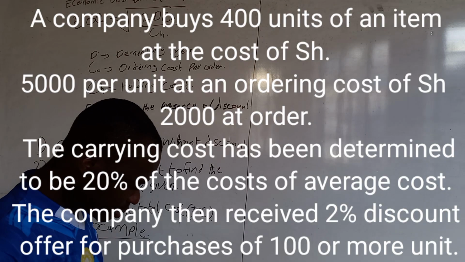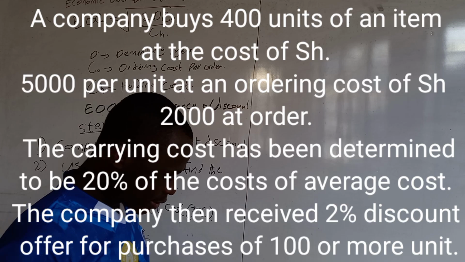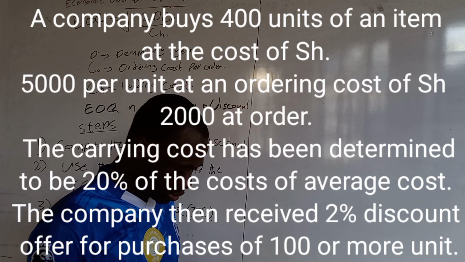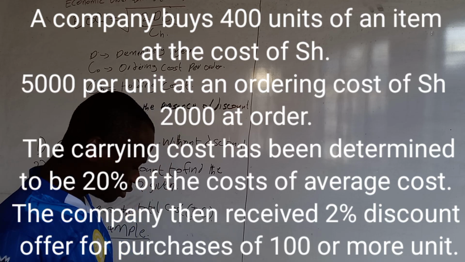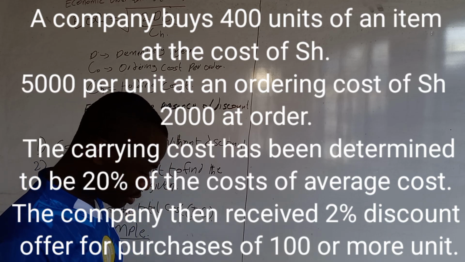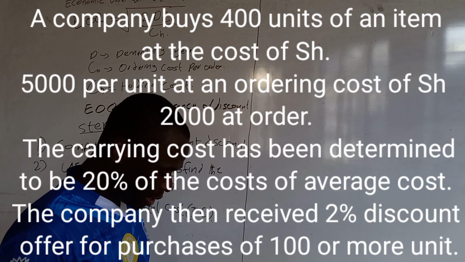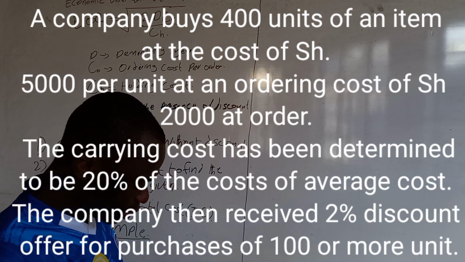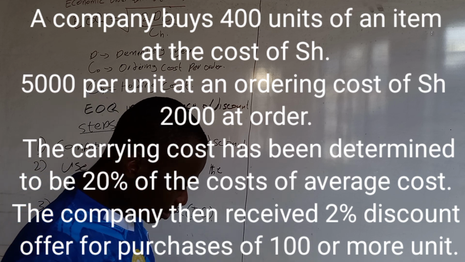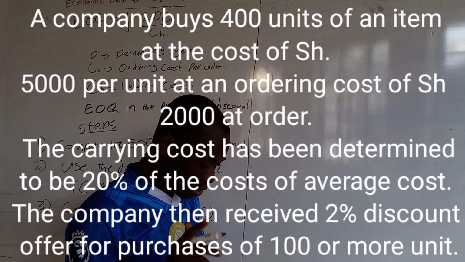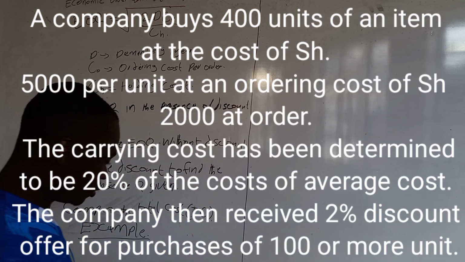A company buys 400 units of an item at the cost of shillings 5,000 per unit, at an ordering cost of 2,000 shillings per order. The carrying cost has been determined to be 20% of the cost per unit. The company then received a 2% discount offer for purchase of 100 or more units.